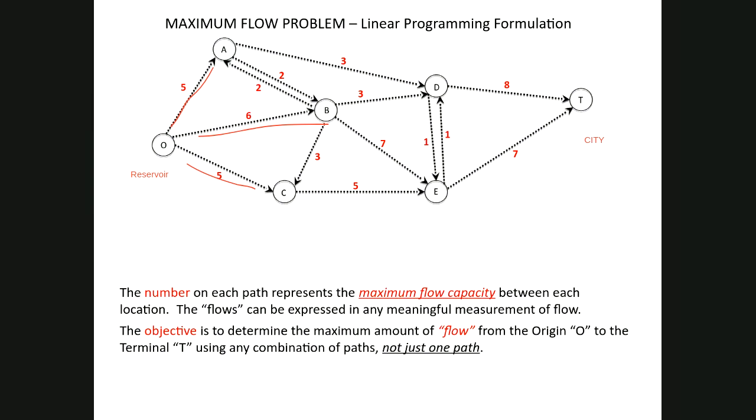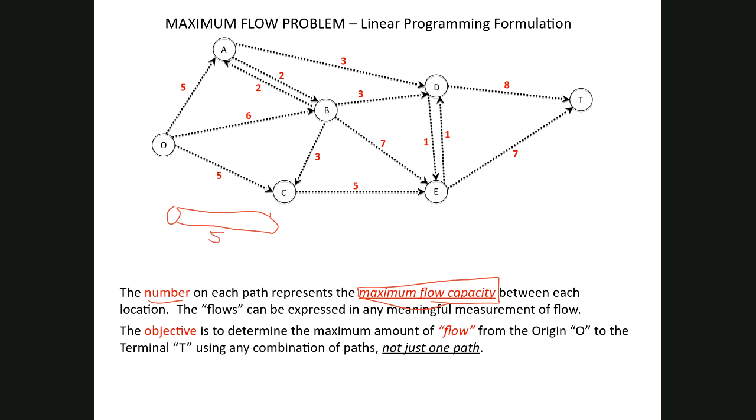The other thing that's going to be extremely different, and unfortunately sometimes confusing for students, is that the numbers associated with each one of our pathways are a flow capacity. These are pipes, and from O to A, that pipe has a capacity of 5.